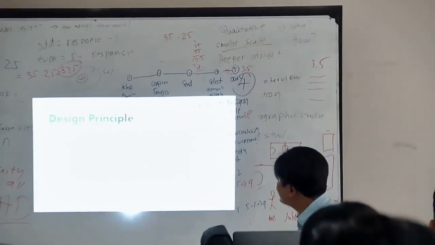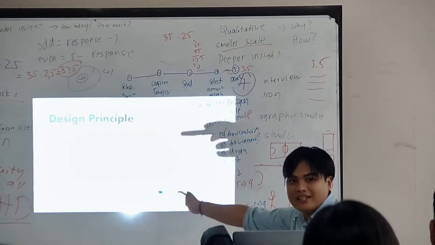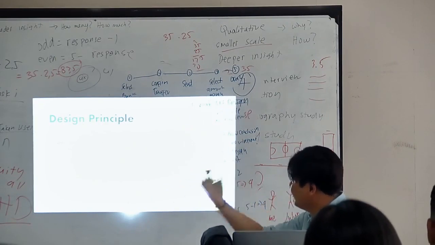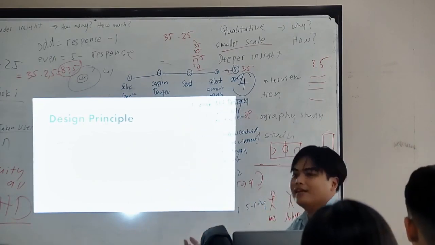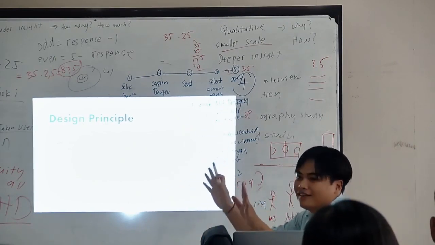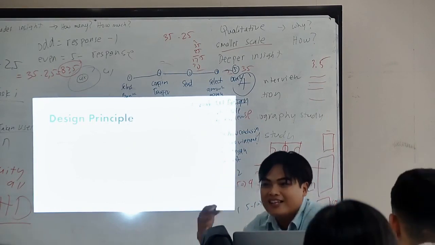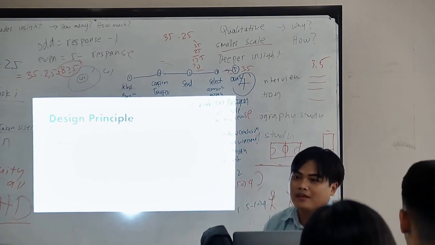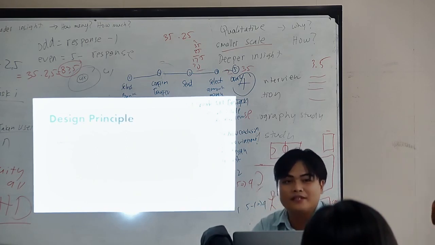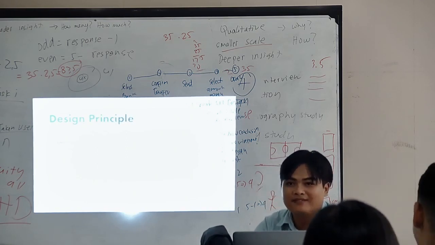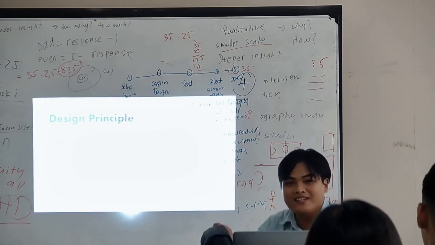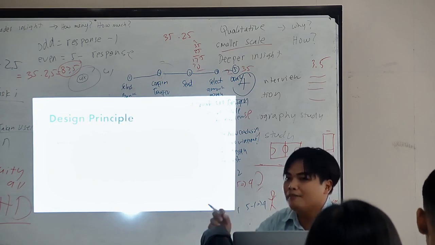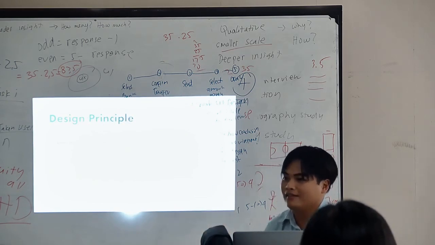So this is design principle for people who study it. It has to be simple. Okay, not so much things going on inside the app. Let's take the example of Shopee. If you ask people with ADHD to find milk in Shopee, they will not find it.